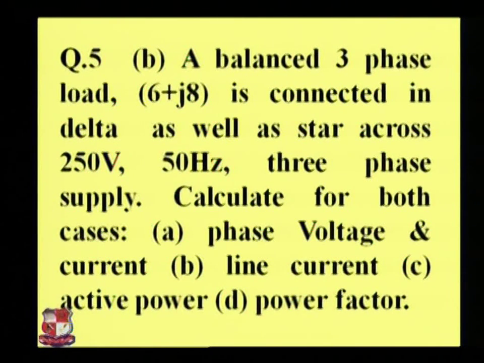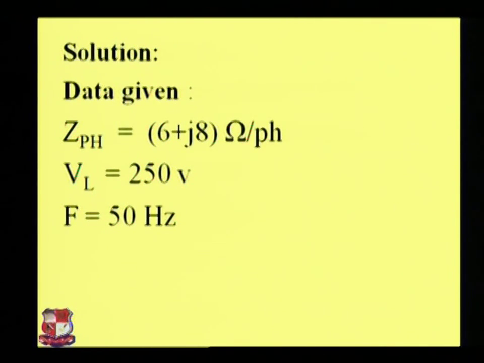First of all, in any given example, you have to differentiate the data given to you. Here we note the given data: ZPH, the impedance, is 6 plus j8 ohm per phase. Whatever voltage is given to you becomes your line voltage, so the 250 volts is our line voltage VL, and frequency f equals 50 Hz.